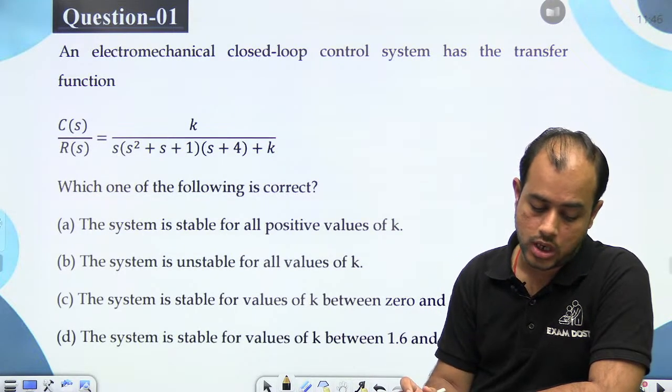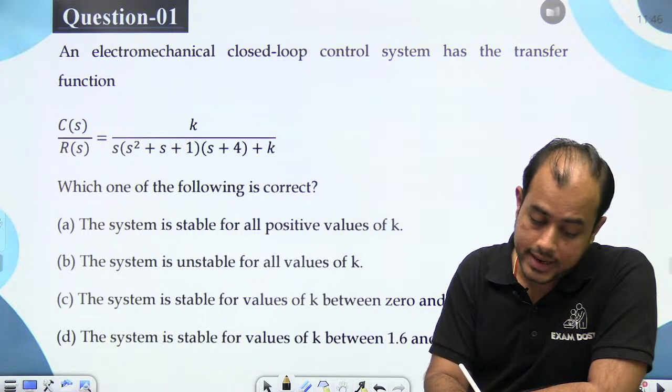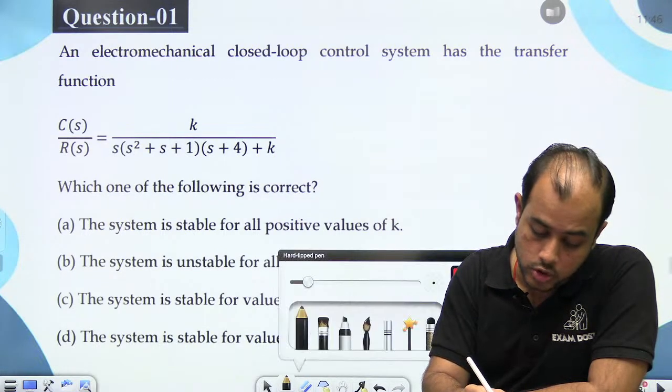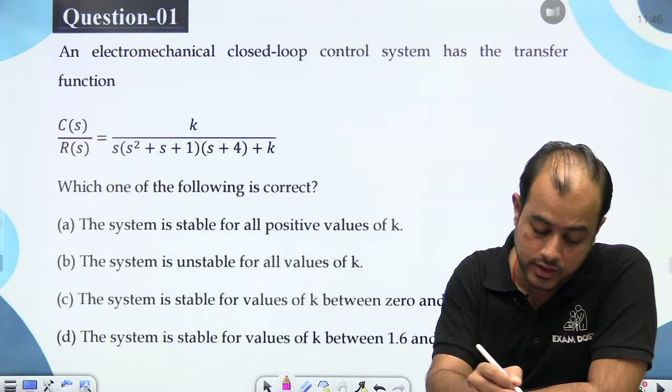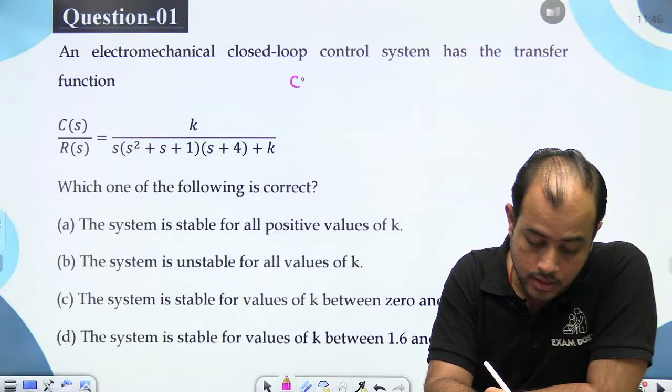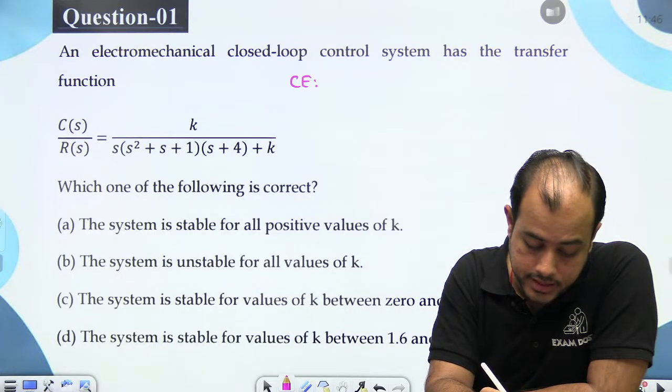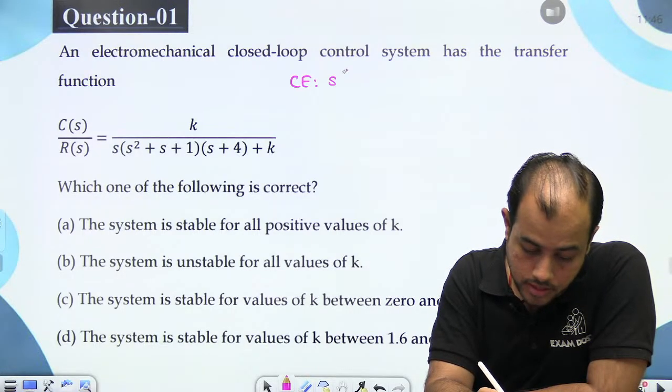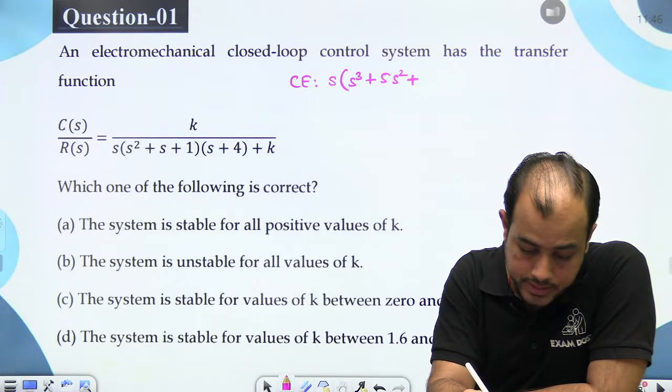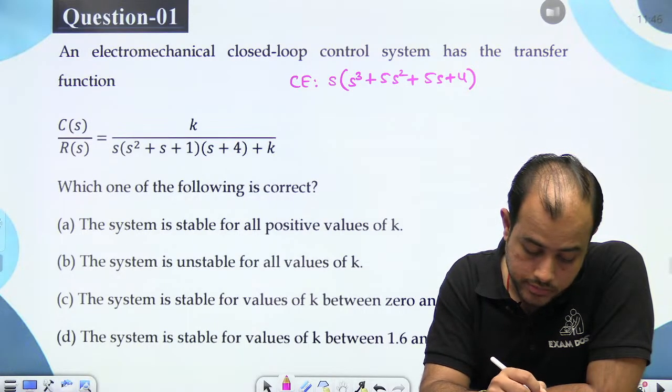ESE 2006. An electromechanical closed loop system has the transfer function. It is asking about the stability. s cube plus 5s square plus 4s plus 5s plus 4. s cube, s square, 4s square.